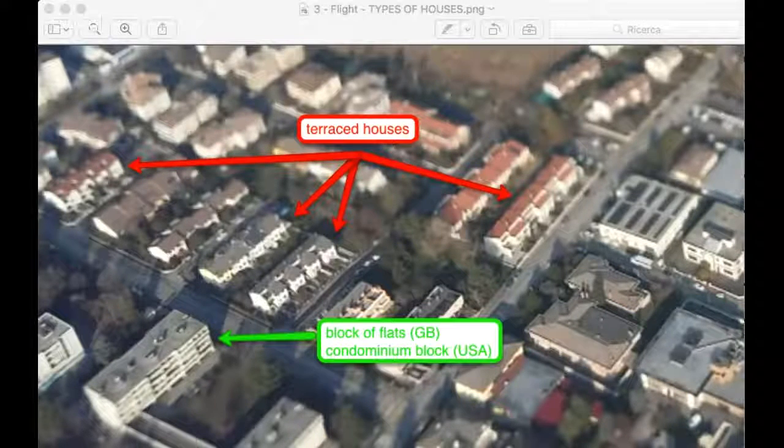They are all houses which are close one to the other. They're connected, and so they are called terraced houses. They usually have a tiny front or back garden, but terraced houses have the characteristic that they're all connected, whilst blocks of flats are one on top of the other.